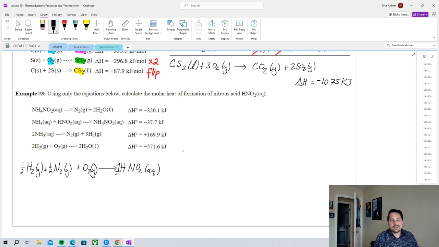Okay, so because this molar heat of formation has fractions in it, it can be a little bit tricky to do the math. Sometimes what I'll do in a problem like this is calculate the molar heat of formation times 2, and then divide the final answer by 2 to get my final answer.